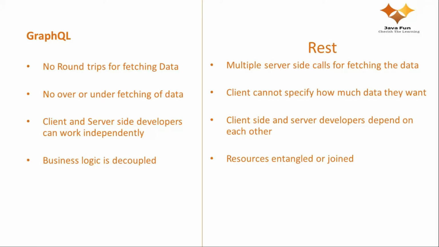Generally, that control is not available on the client side. The server will send back, suppose, a JSON representation of an actor object that has 10 fields, and if the UI is only using 2 fields, 8 unnecessary fields are sent over the wire. All that will not be there in case of GraphQL.